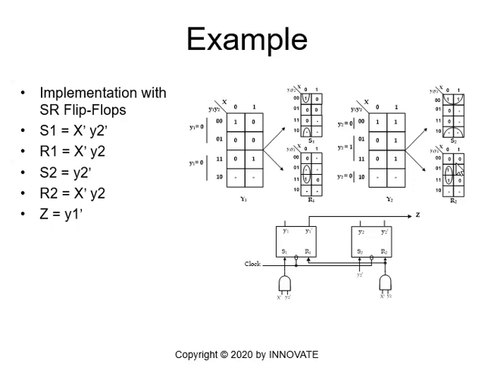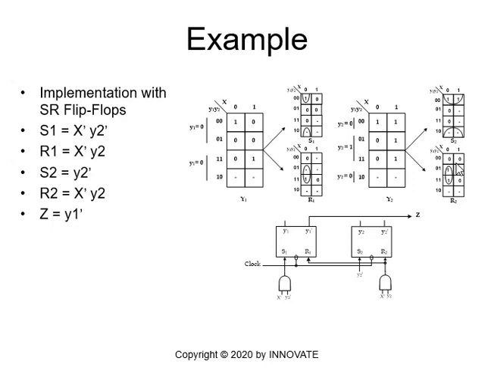A transition from Q to Q plus, or small y1 to capital Y1: 0 to 0, we need S 0 and R don't care. 0 to 1, we need S 1 and R 0. 1 to 0, we need S 0 and R 1. And 1 to 1, we need S to be don't care and R to be 0.